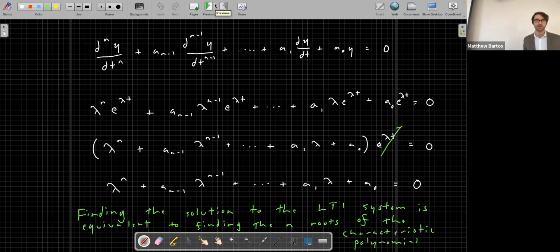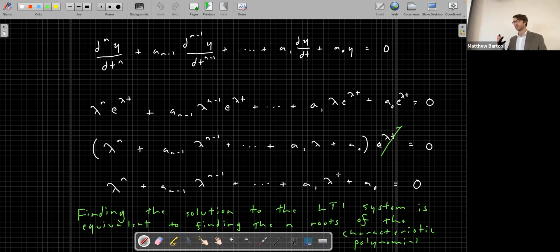Okay. Are there any questions about how I arrived at this solution procedure? Essentially the solution procedure is to assume that your solution is of the form e to the lambda t, where lambda is some constant. If you substitute that solution into the differential equation, you will arrive at a polynomial with respect to lambda.